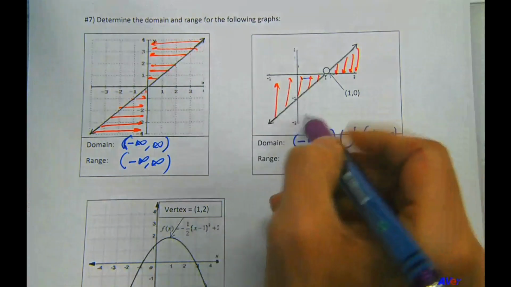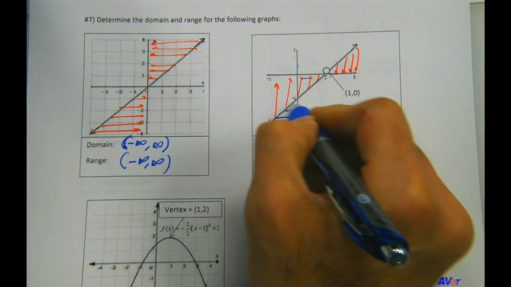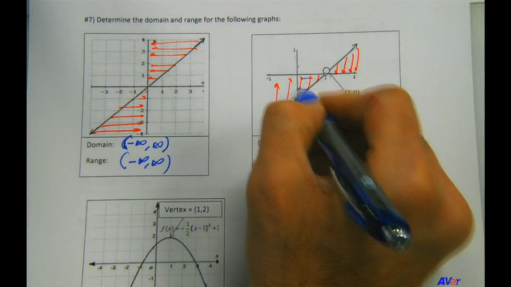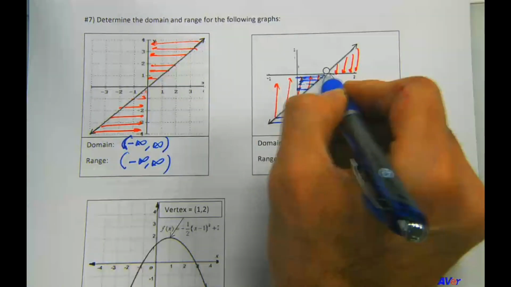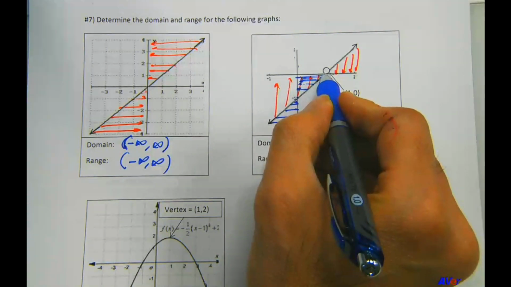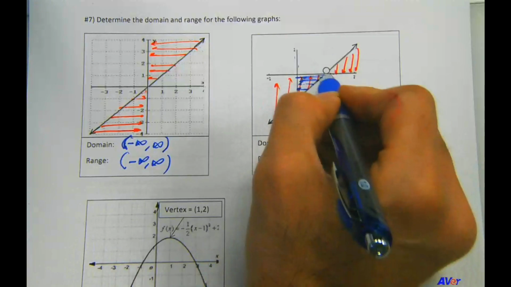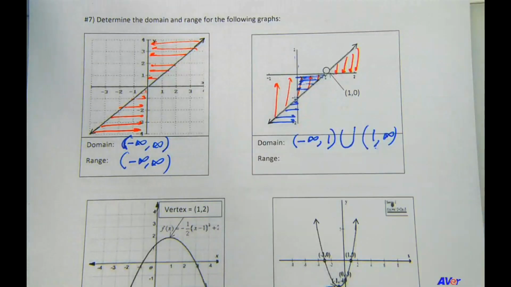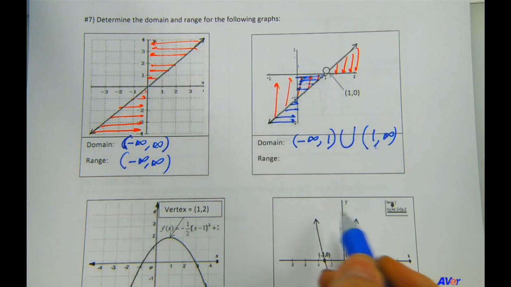With respect to y, it attains everything here, here, here, here, and here. But wait a minute. There is some y value that this graph cannot attain. What y value is that? It is 0. This function cannot attain 0.